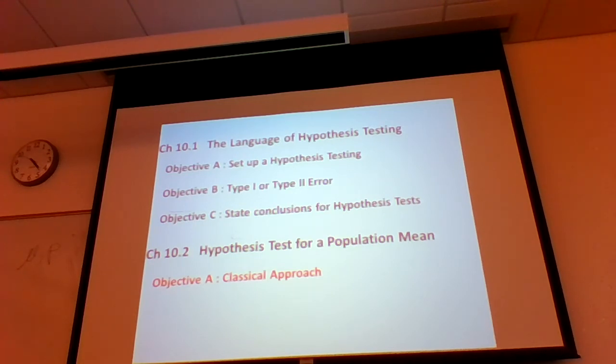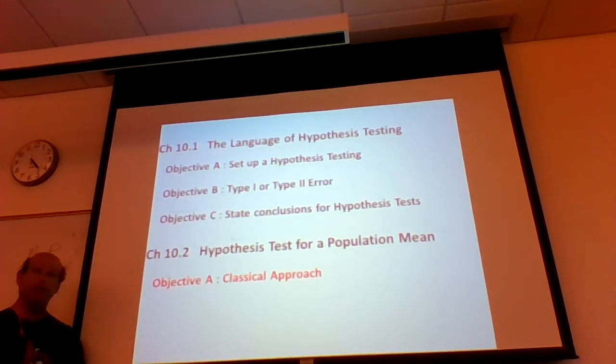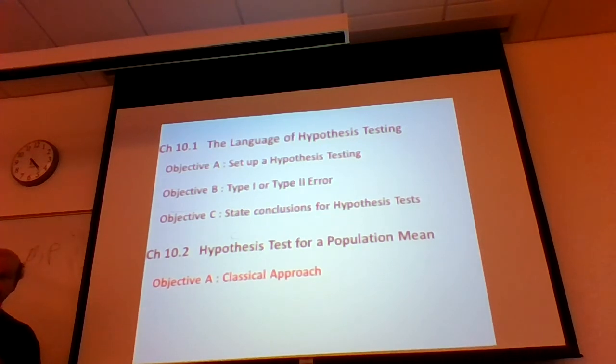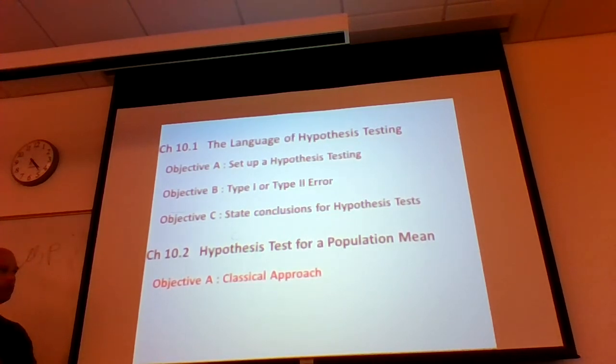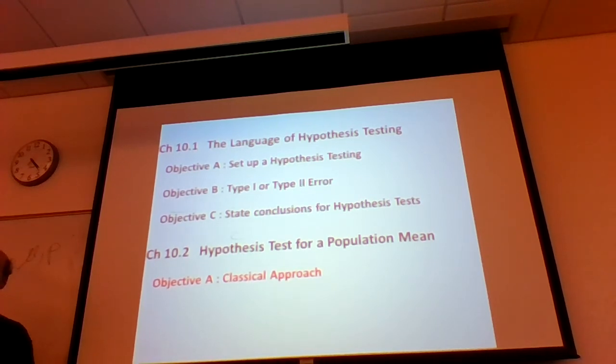Now, how do you know when to reject or when not to reject? That's what part of 10.2 is about. There are two approaches. In other words, there are two ways to do hypothesis testing. There's what we call the classical approach, which is the old way of doing it.